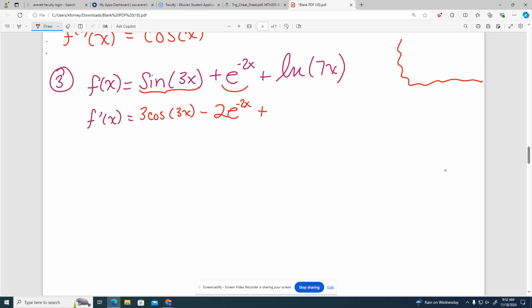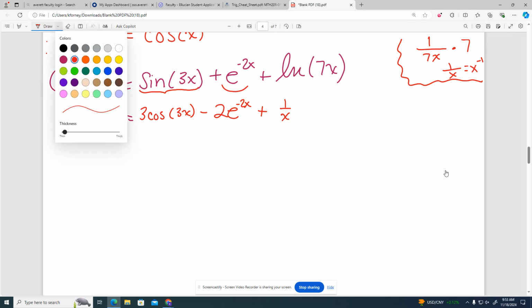So the derivative of natural log is 1 over whatever was in parentheses. In this case, it's 7x. But you have to apply the chain rule, and the derivative of 7x is 7, which becomes 1 over x. Or you could even write that x to the negative 1, and that actually will be helpful when we take the second derivative, but because I already wrote it like this, I'm going to leave it.